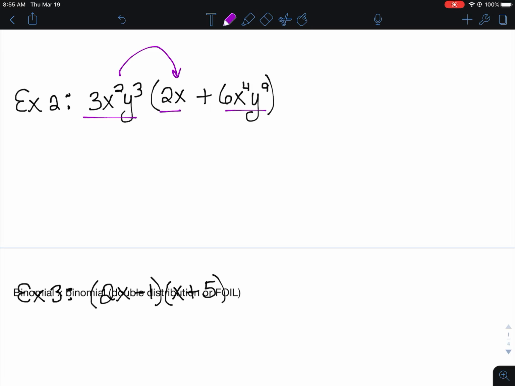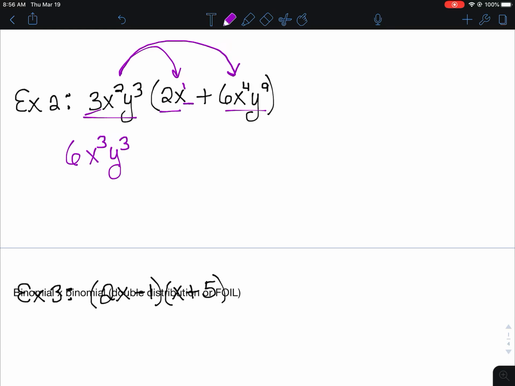So 3 times 2 would give me 6x squared times x to the first, we just saw, gives me x to the third. And then y to the third, well, there's no other y here, so I'm just going to bring that down as part of that first term. So 6x cubed y to the third is the first term. Now I'm going to take 3x squared y cubed and multiply it by 6x to the fourth y to the ninth.